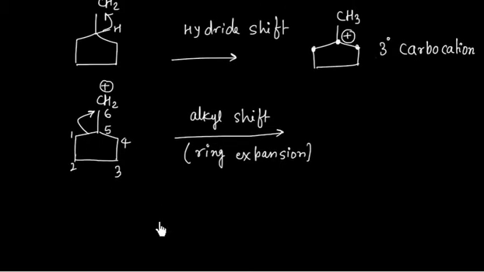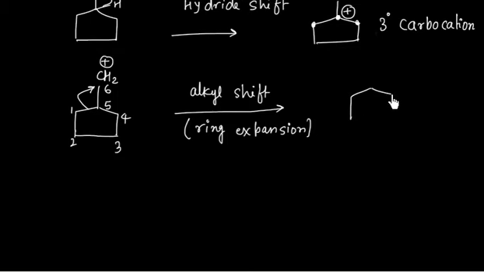So we will have a 6-membered ring. Carbon number 5 will have only 3 bonds, so it will have a positive charge, because if I break this bond, this will have one bond this side, one bond this side, and one hydrogen, so it will have only 3 bonds, so there will be a plus charge.